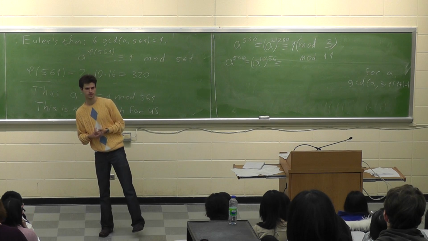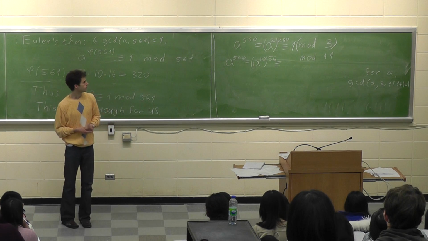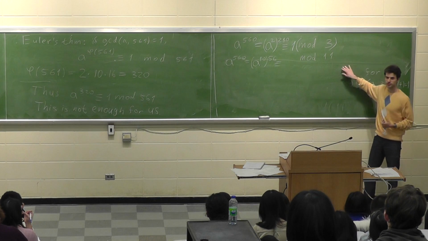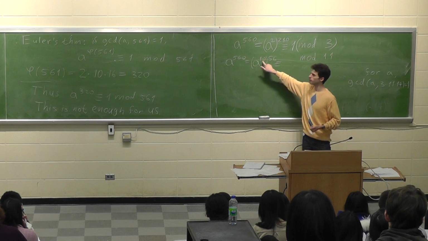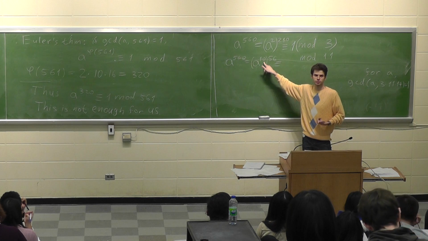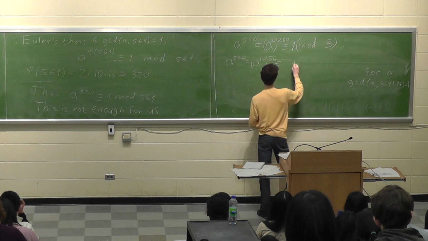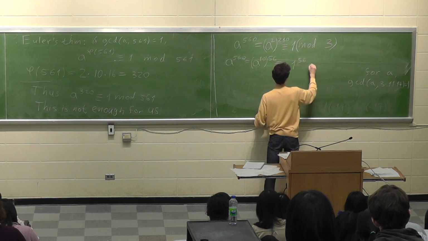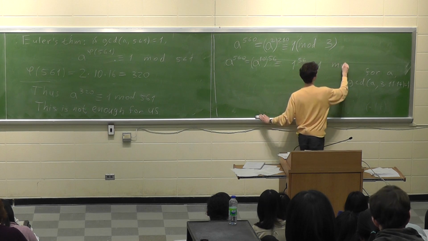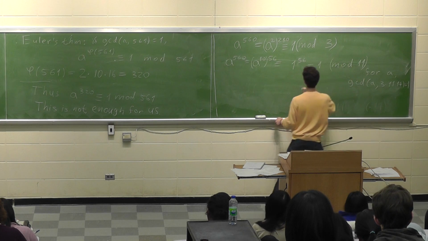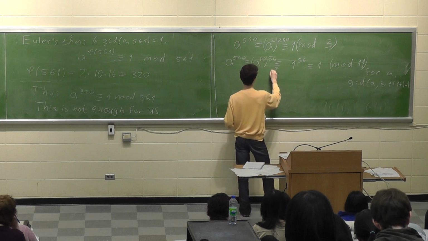Yes, exactly. So Fermat's little theorem applies here. 11 is a prime number, and a to the power 10 by Fermat's little theorem is congruent to 1. So this is the same as 1 to the power 56, which is 1 modulo 11. And here I used Fermat's little theorem.